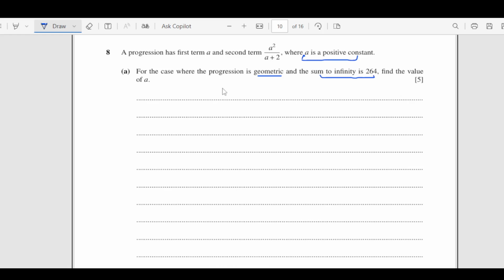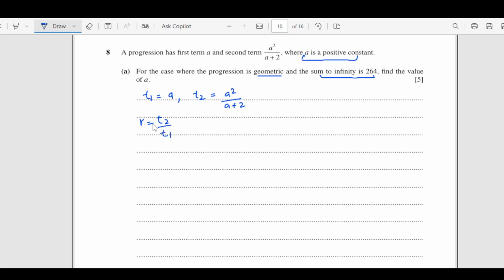Now we are given that this is a geometric progression with the first term as a, and the second term t2 is a squared over a plus 2. As this is a geometric progression, the common ratio r will be given by t2 over t1.